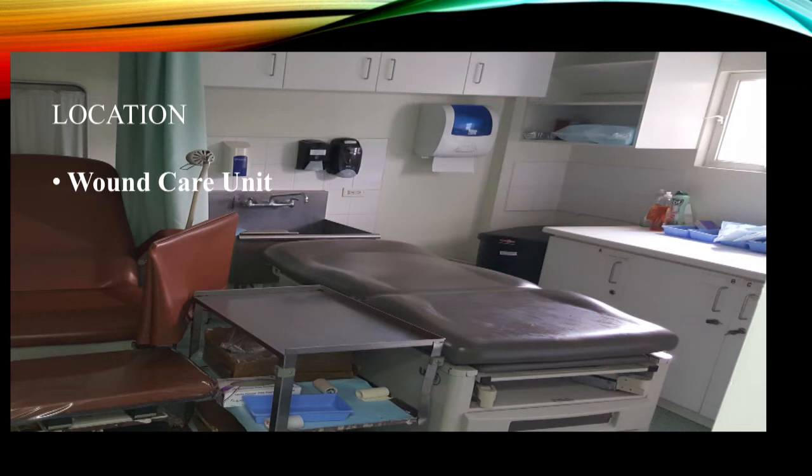To your extreme right of the picture, you'll see a small window and cupboards located in the room. The whole location or layout of this room does not provide for the prevention of healthcare associated infection.